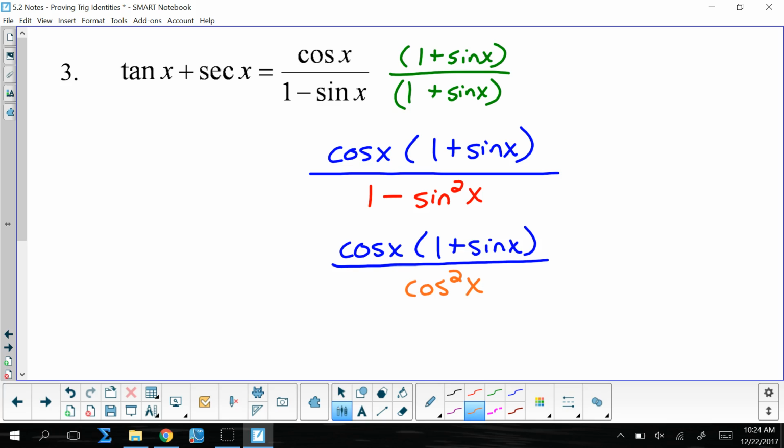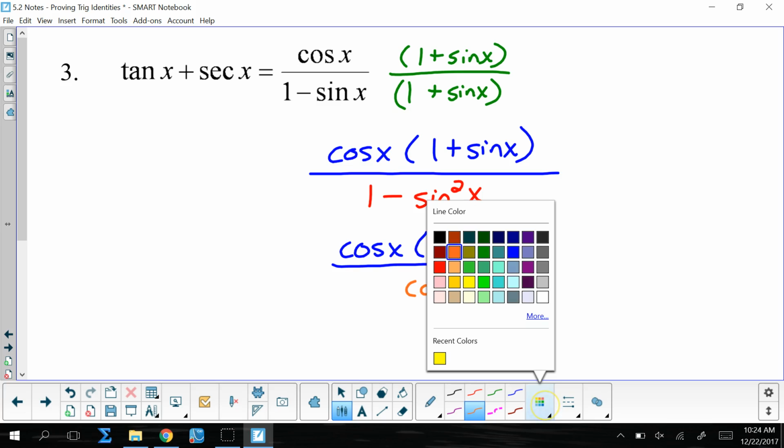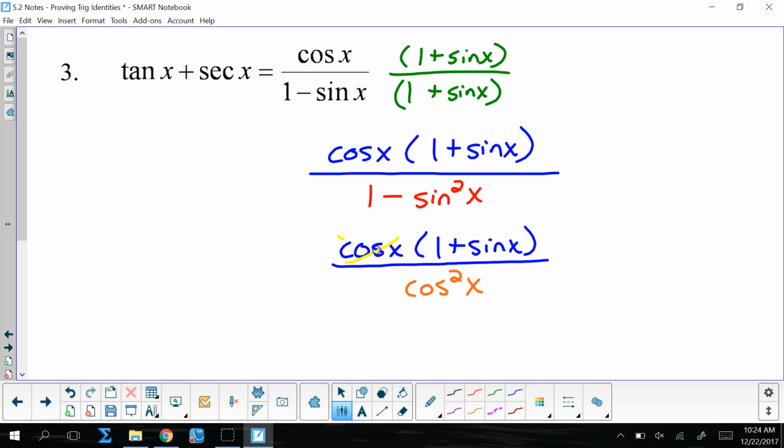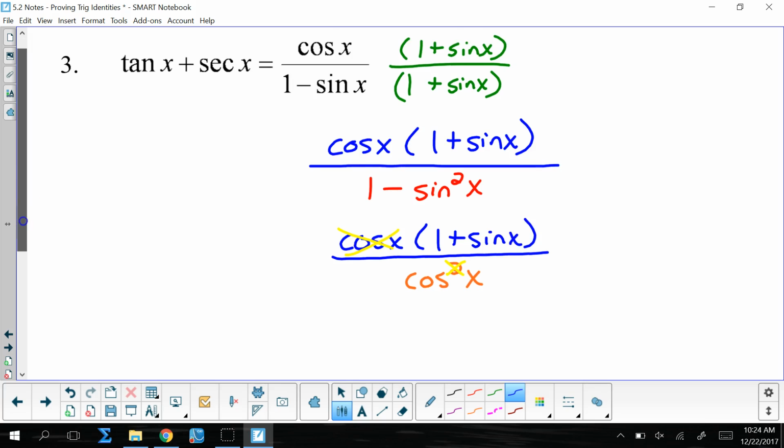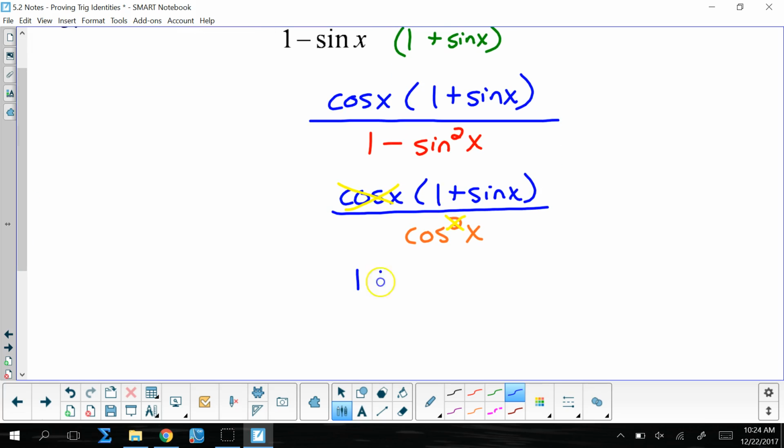Now what can I do? I can get rid of a cosine, right? This cosine cancels out one of the cosines down there, so I just have 1 plus sine of x over cosine of x.